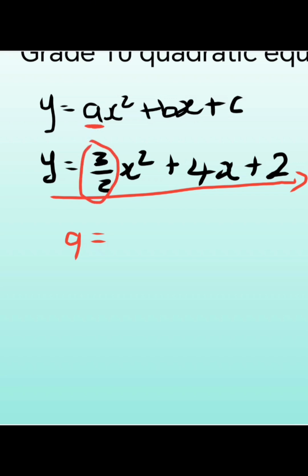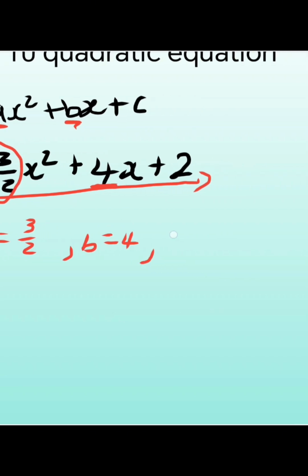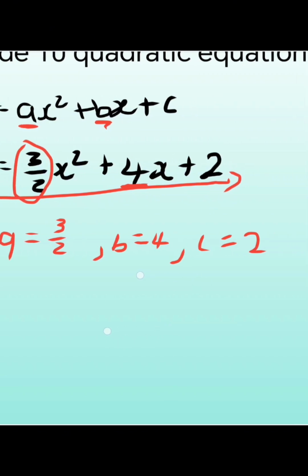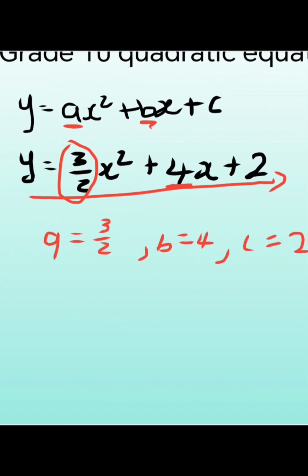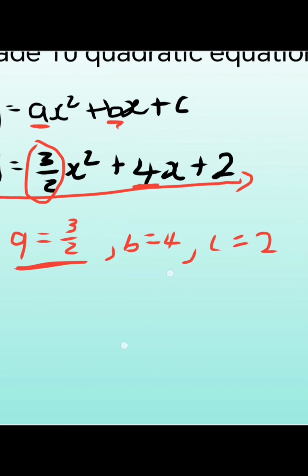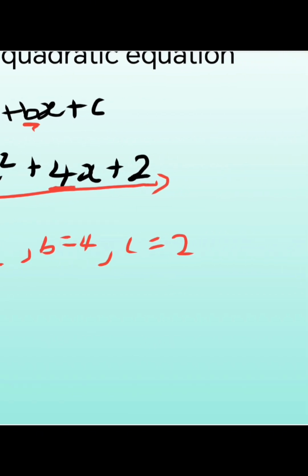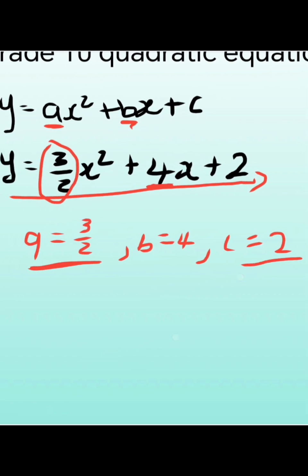Don't be confused. In the place of B, we placed 4. In the place of C, which is the y-intercept, we have placed 2. It means you already know about two things that I already taught you, A and C.